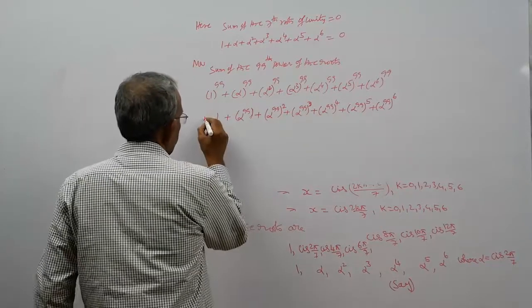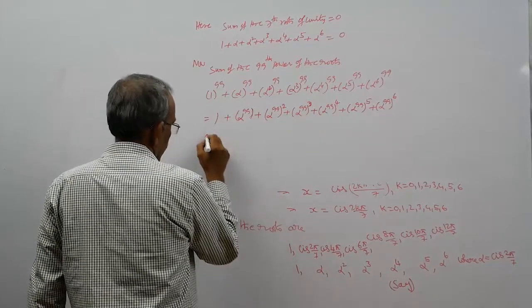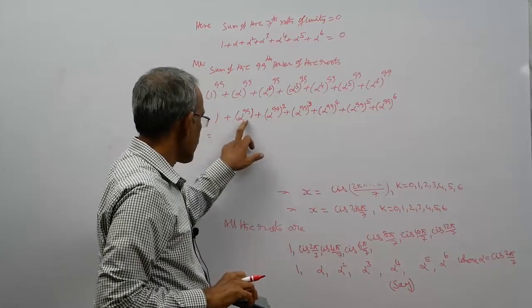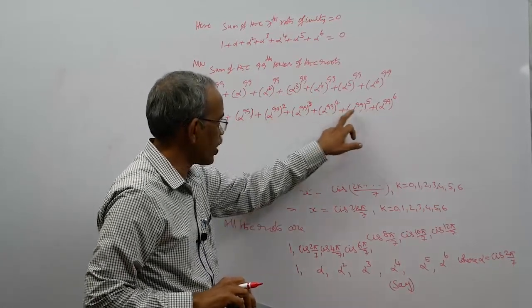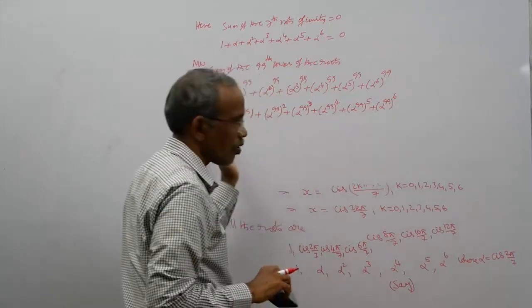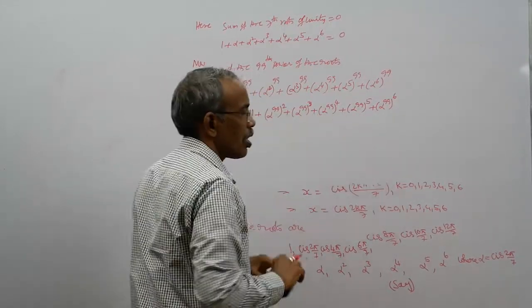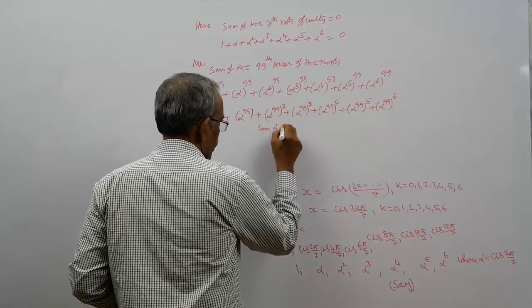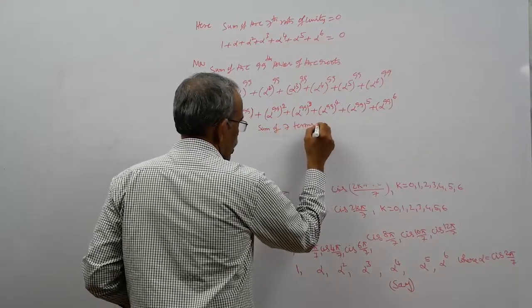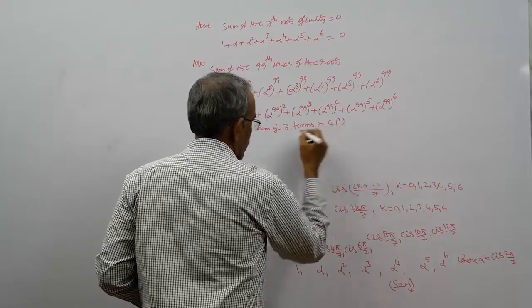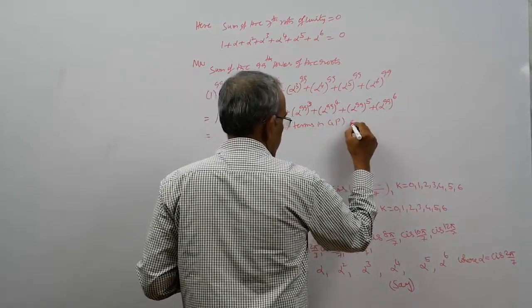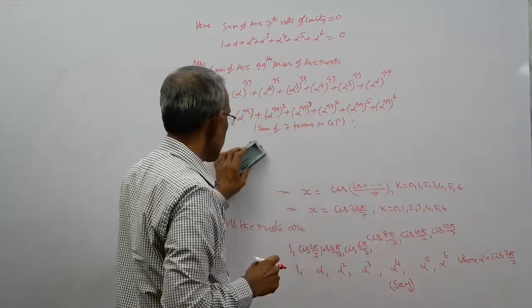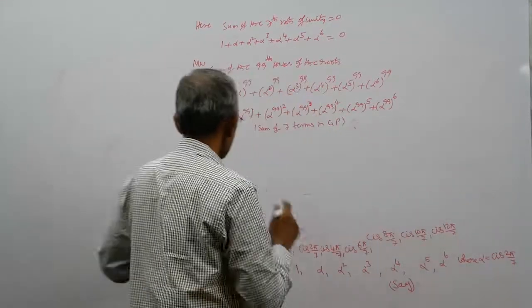This is a geometric progression. 1, x, x square, x cube, x power 4, x power 5, x to the power of 6. Here we have 7 terms, sum of 7 terms in GP. Here A, the first term, is equal to 1, common ratio is alpha to the power of 99.